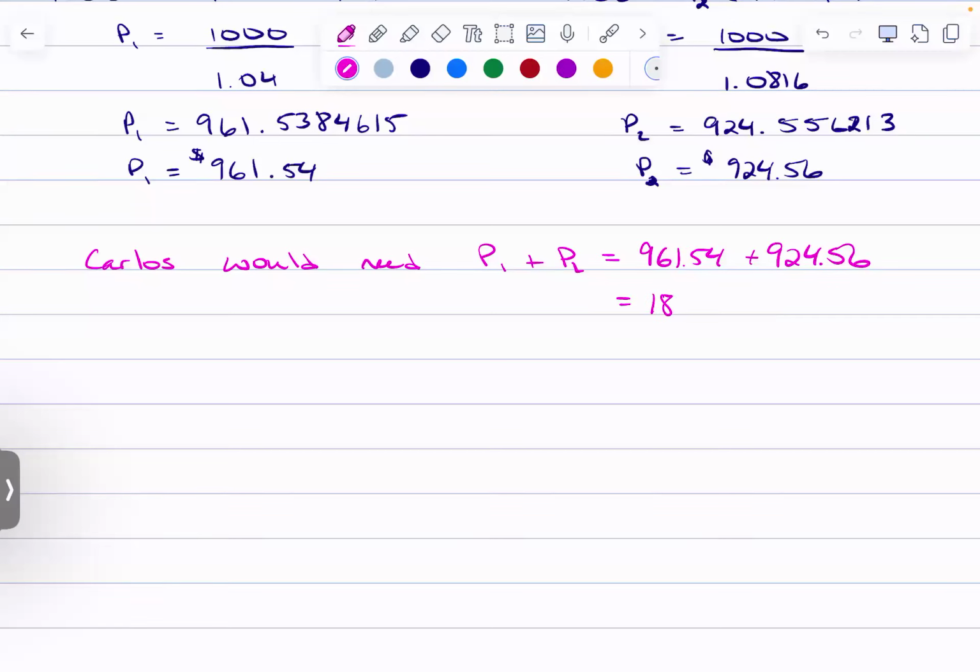I did hit a button, so this might be off, but I get $1,886.10, right? As opposed to actually paying $1,000 twice, right? Which would be $2,000. So it saves him a little bit of money by depositing it while he's flush with cash.